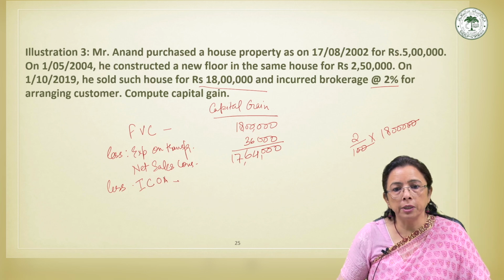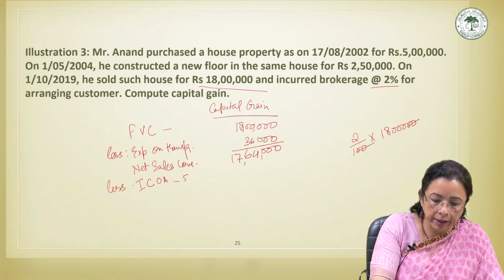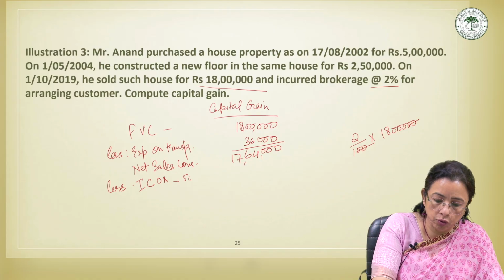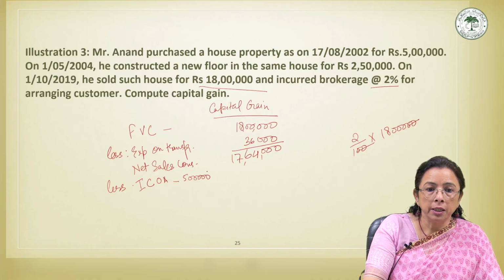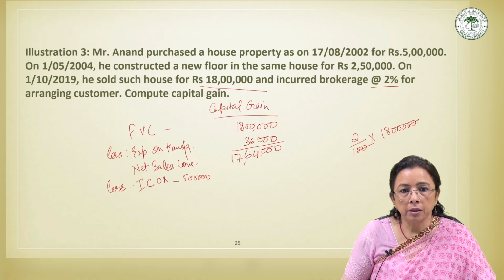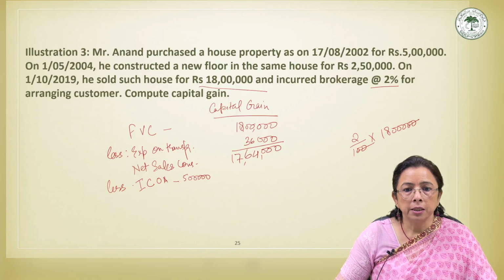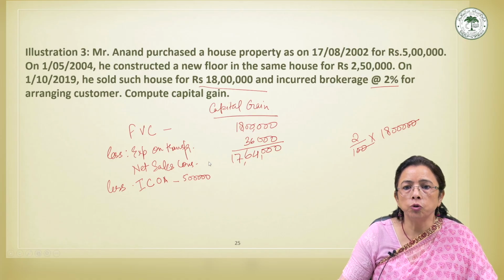How do we compute that? The cost of acquisition was rupees 5 lakh in the year 2002. So 5 lakh, and as per the formula, we need the CII for the year 2002 and 2019.